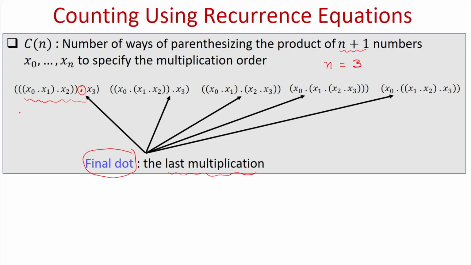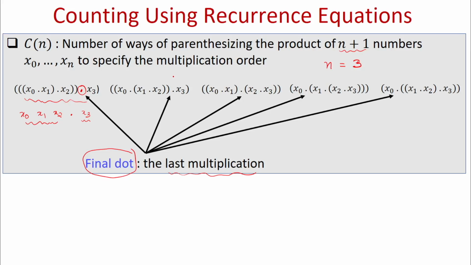Namely, I have to figure out how to specify the parenthesizing order for three values, x0, x1, x2, and another value consisting of x3. Once I know the number of ways of parenthesizing x0, x1, x2, and individually the number of ways of parenthesizing x3, the remaining portion of the sequence, if I put a final dot, then that gives me a way of parenthesizing the overall sequence.